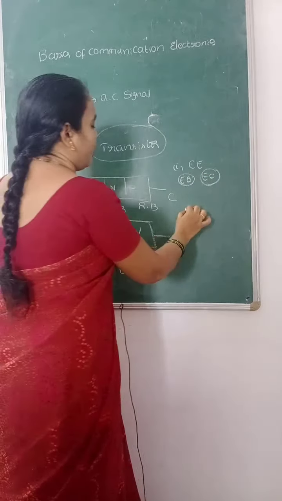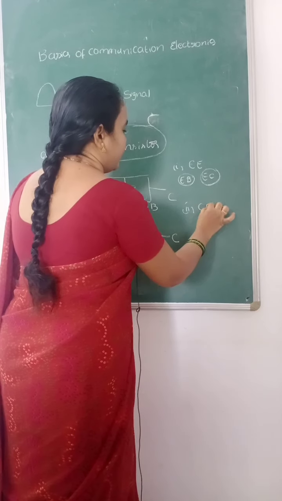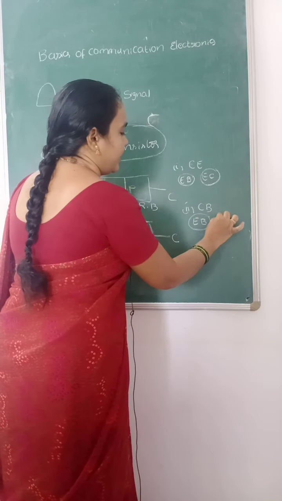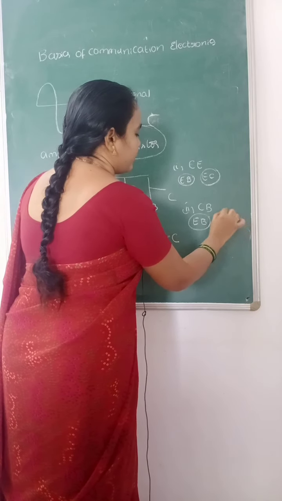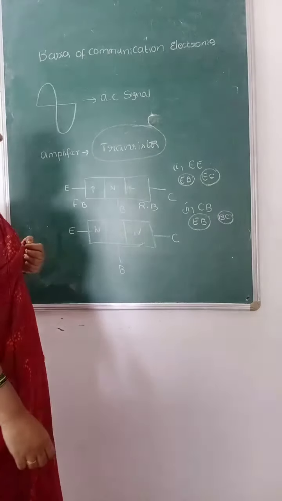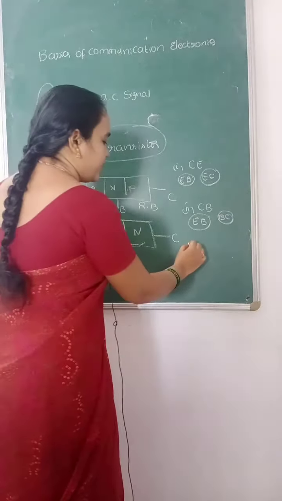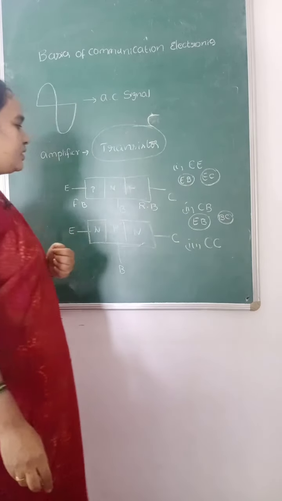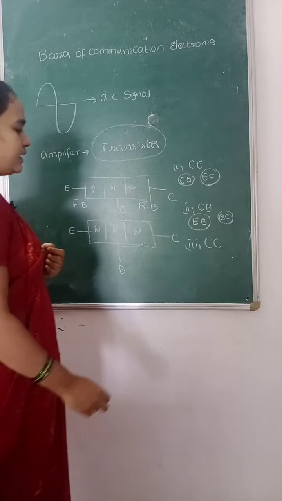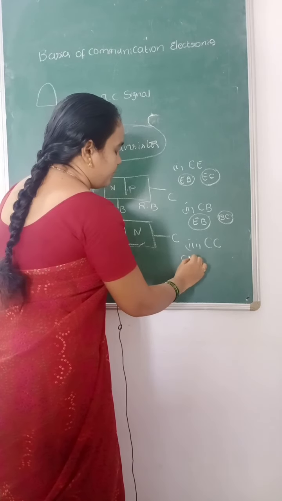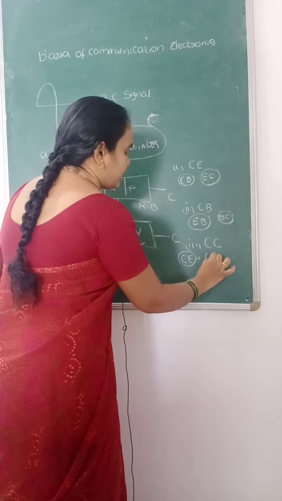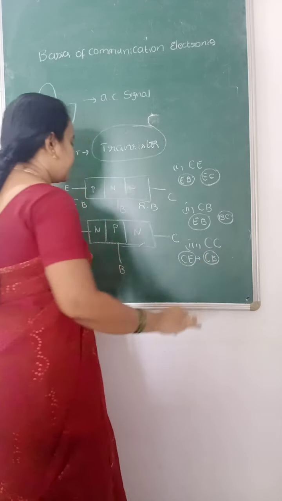Next, in the common base configuration, emitter base is the input circuit and base collector is the output circuit. Similarly, the third configuration is the common collector configuration, where collector emitter is the input circuit and collector base is the output circuit.